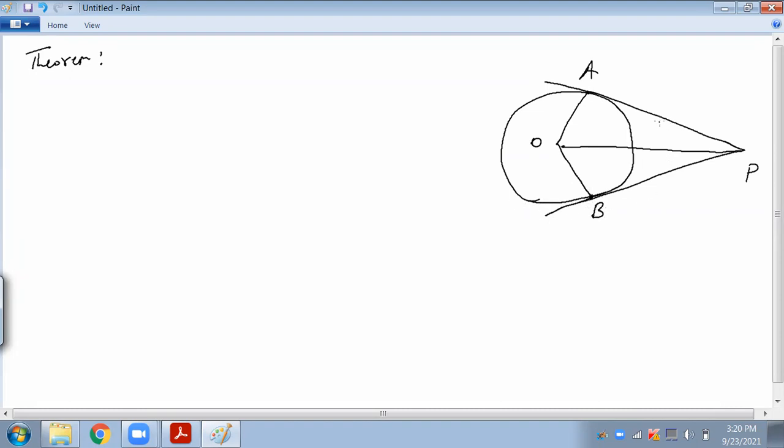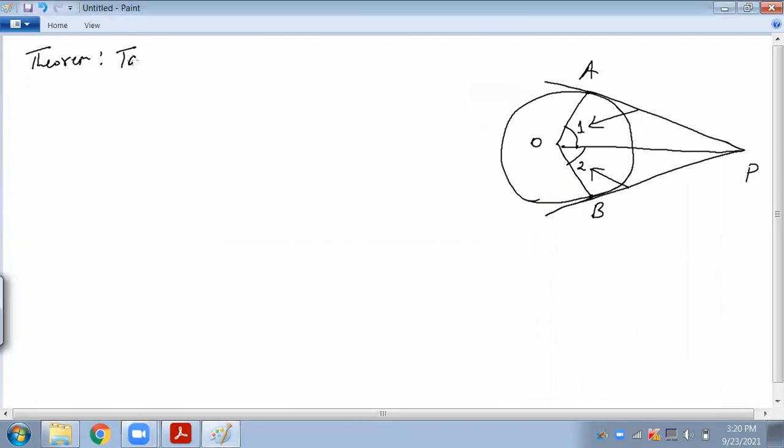Now also we have two tangents from the same external point, and tangents from the same external point subtend equal angles at the center. So tangent PA will subtend an angle, say angle 1, and tangent PB is subtending, say, angle 2. We can take angle 1 and 2 equal.